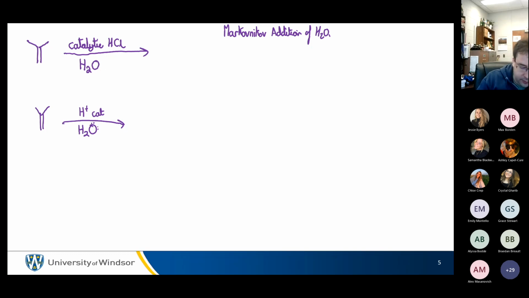Okay. So let's try this out. First question. What's the most basic thing in this entire system? Everything I've drawn on that arrow. What's the most basic thing? What's going to react to the H+ first?